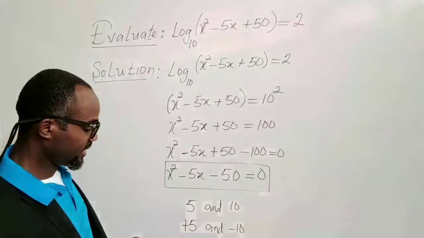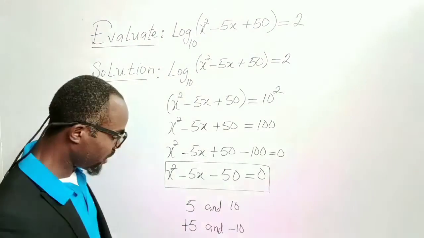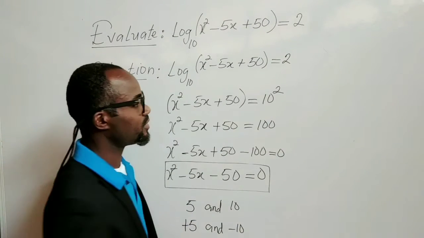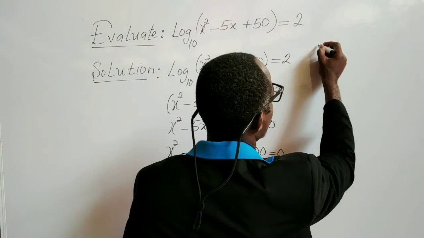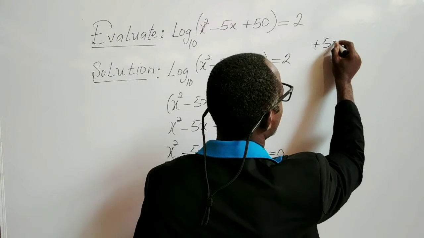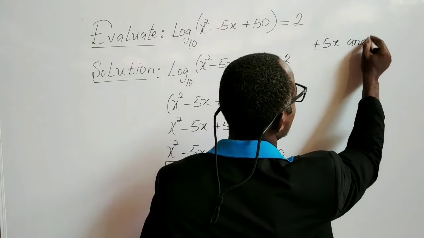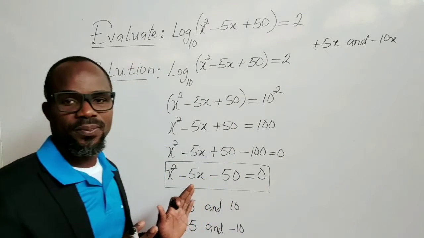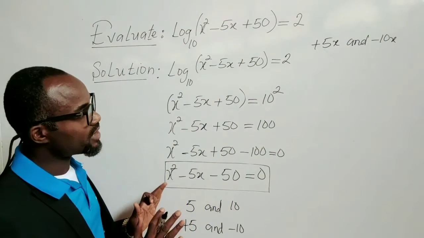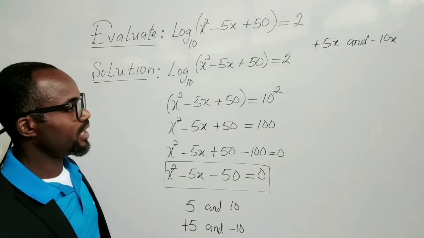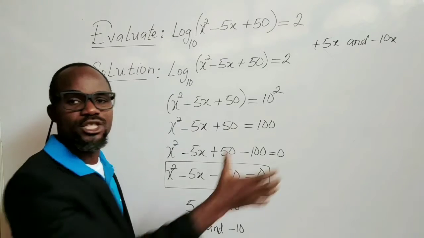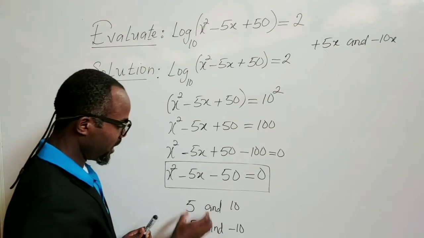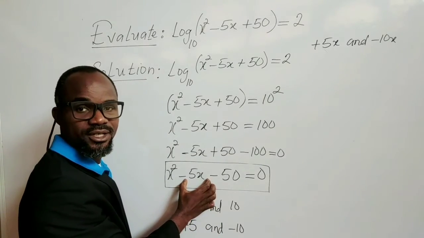The next thing, we need to express them in x variables. It becomes plus 5x and then minus 10x. We have expressed them in x variables. The next thing we need to do is to substitute. We write them in place of the middle term.